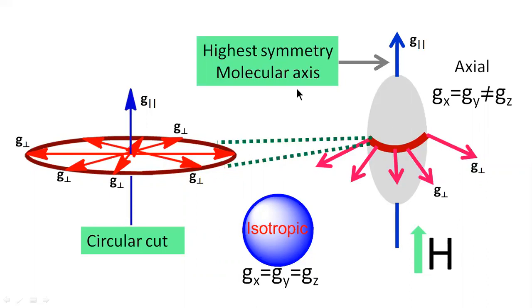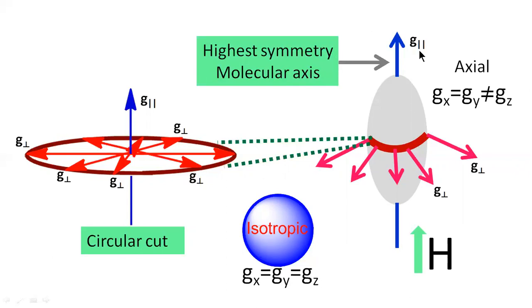In group theory, if you have a molecule and you see that it has a principal axis of symmetry, then that axis is defined as the z-axis. If you have a molecule with more than one symmetry axis, then you have to choose the highest principal symmetry axis as your z-axis.